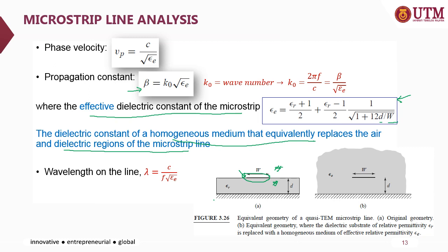That's why you have the relative permittivity for the substrate or dielectric material, and another one, epsilon naught, for the air. From here you calculate epsilon e, the effective permittivity, where the microstrip line is placed. Then the wavelength of the line can be calculated using lambda, still dependent on epsilon e, the effective permittivity or dielectric constant.